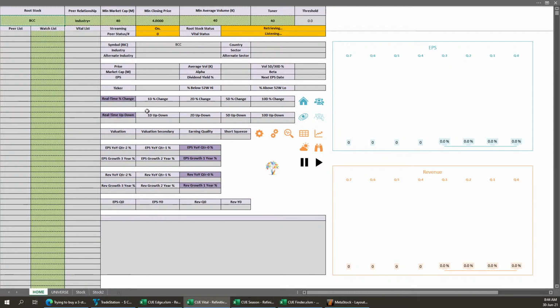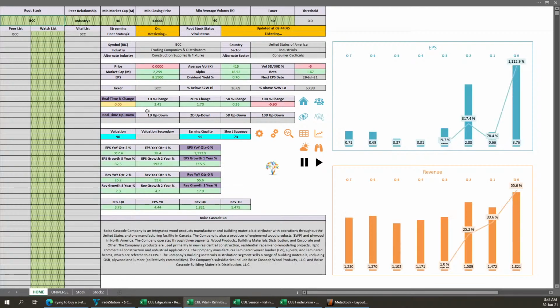The systems, Edge, Vital, Index Finder, all are integrated, and this stock BCC, it was already 3-star. That's how I selected it from the mid-valued liquid stocks, mid-price liquid stocks, and we can see that once again from the Vital scorecard. Great valuation, also has great earnings quality.